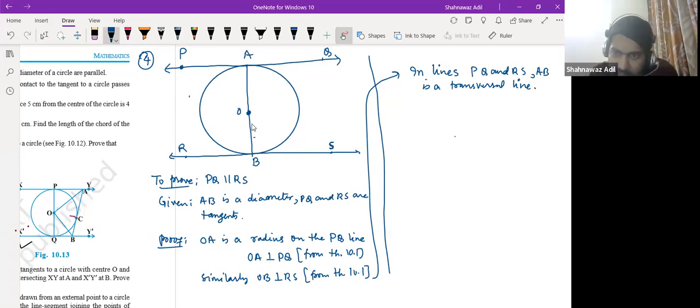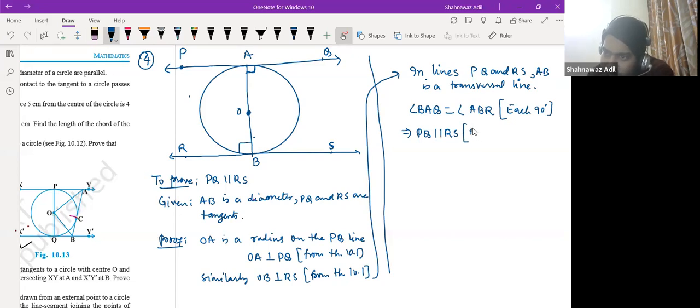Then we already know that angle PAB is 90 degrees, that is equal to angle ABR, so each 90 degrees. Therefore we can write PQ parallel to RS, because alternate interior angles are equal.